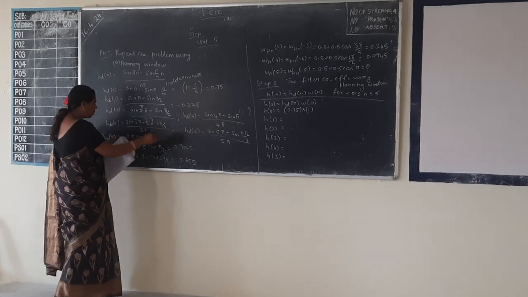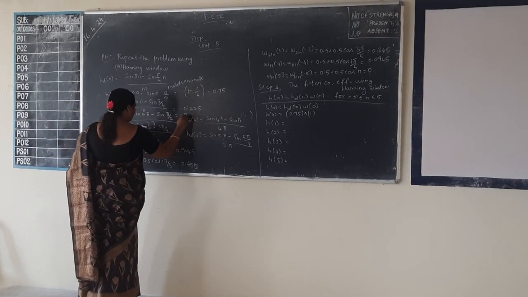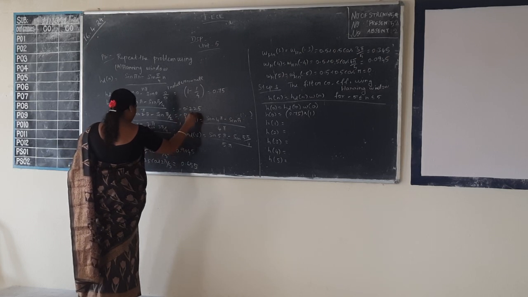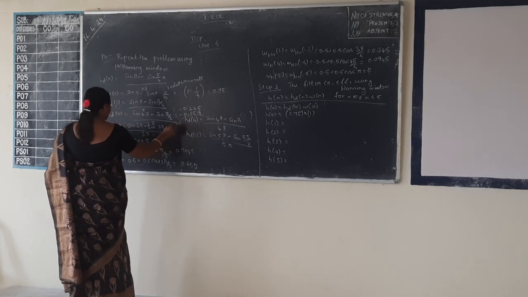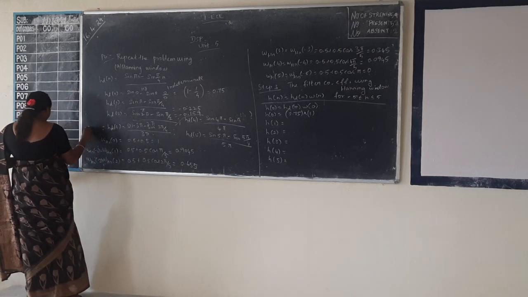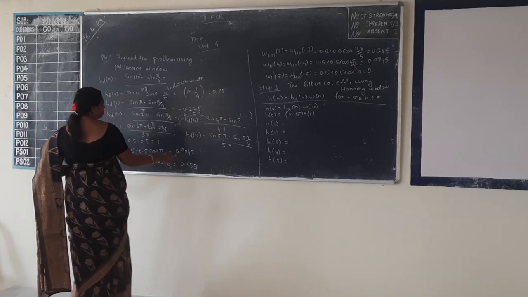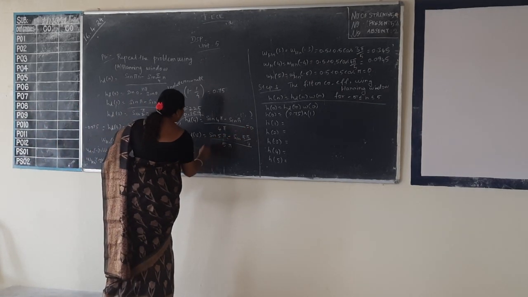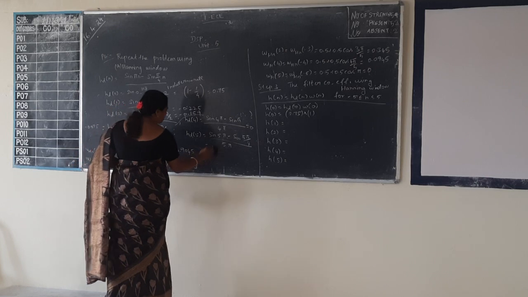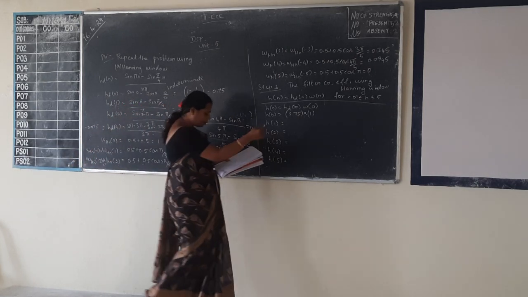So for h of 2, what did you get? Minus 0.1591. For h of 3, what did you get? Minus 0.075. And h of 4 is 0. And for h of 5, what did you get? 0.045. Okay, here we have to multiply all those things, right?